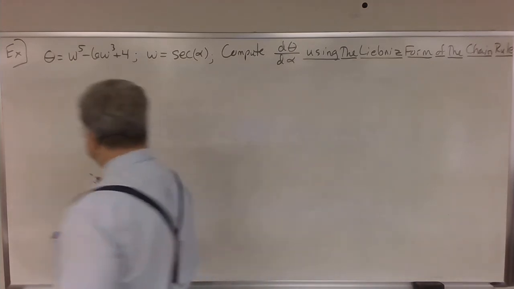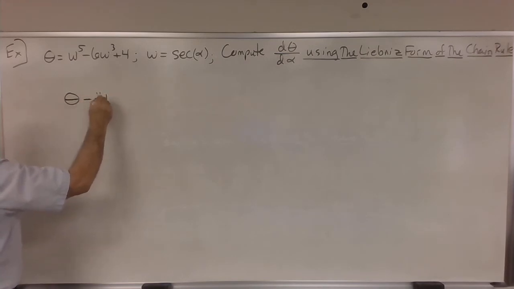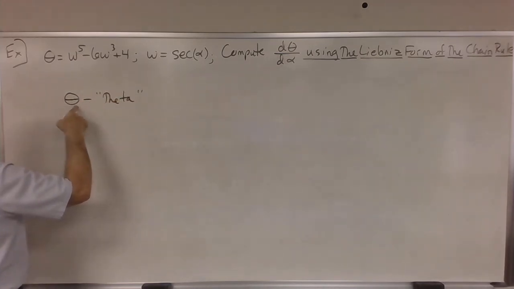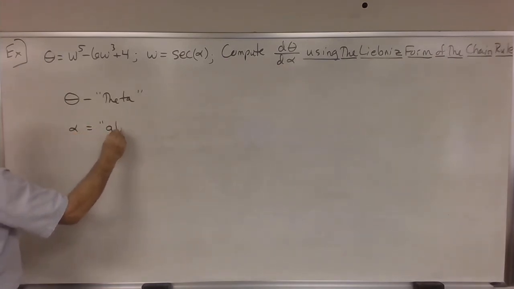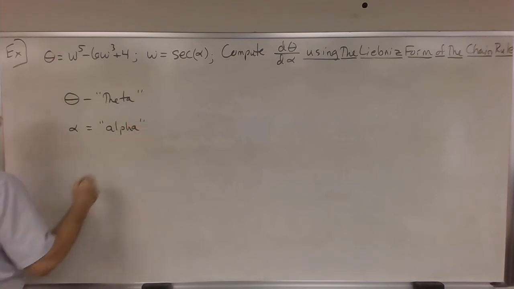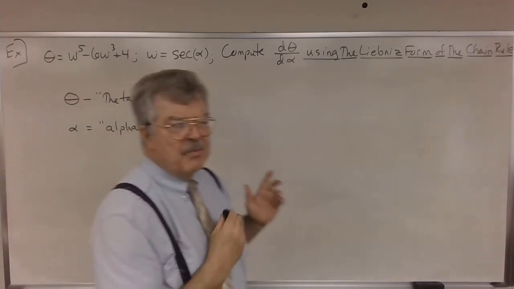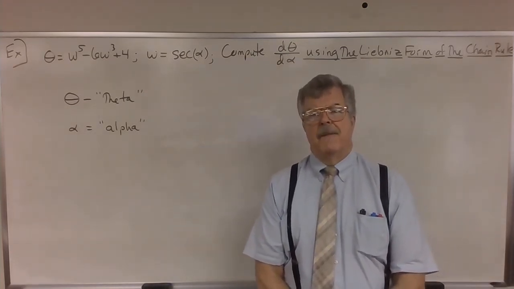And so that's what I'm going to do right now. These things, if we don't know what they are, this is the Greek letter theta. And this guy right here, this is alpha. And I just want to write that down just so that we'll know.